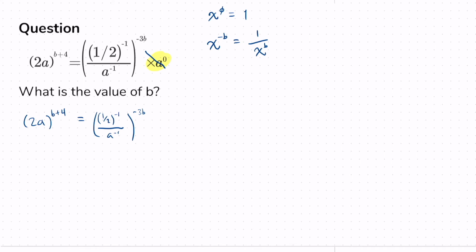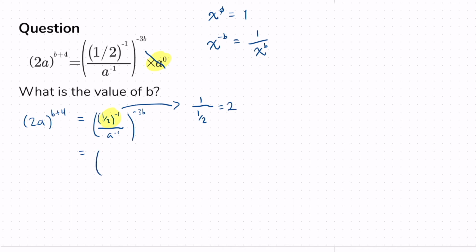So let's look at these in isolation. Right, this one here. Well, what does that become? That becomes 1 over a half to the power of 1, which is just a half. 1 divided by a half is equal to 2.